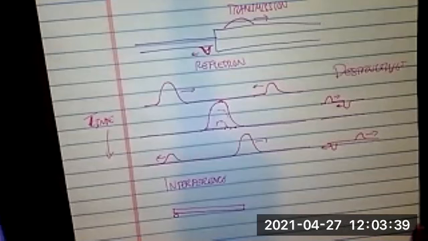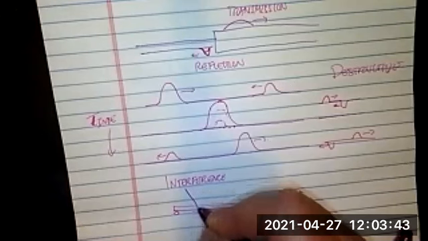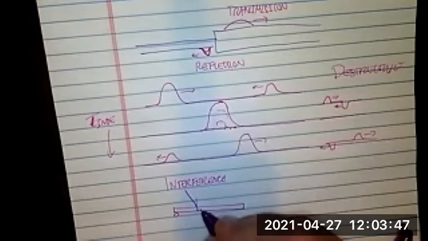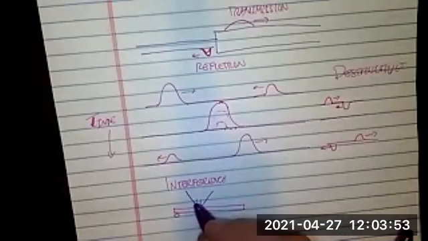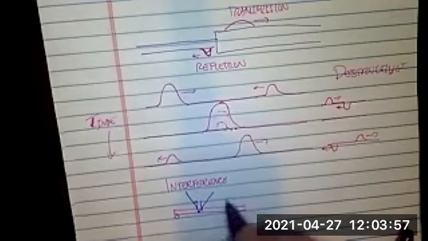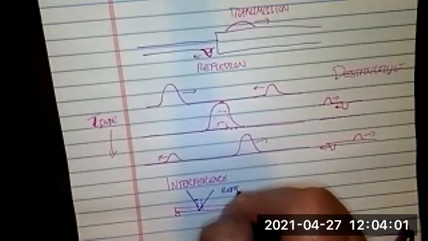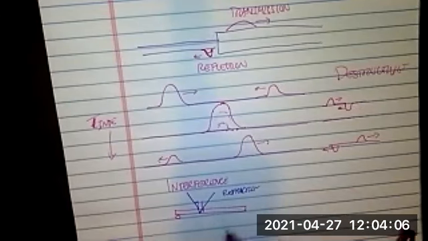Now, what happens is light will come in and then it will transmit into the glass and bounce back again at an angle. Notice this angle is different from this angle from the vertical. That's because of refraction. Light bending into another material is called refraction.